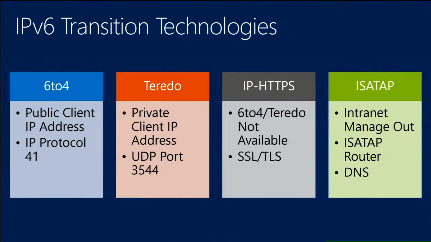You also need to remove ISATAP from the global query block list, because by default, ISATAP and WPAD are the two records that are always blocked on any modern DNS server. So you have to explicitly tell DNS to respond to ISATAP records, and you do that using PowerShell.